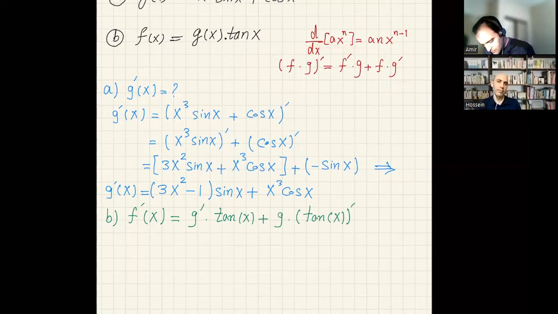So g prime, for the g prime, we already have this one. Right.